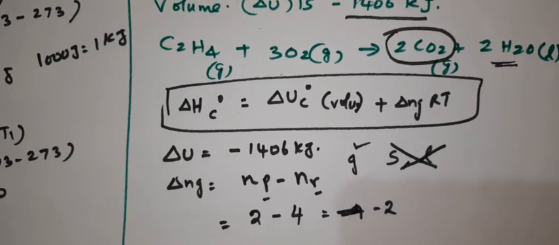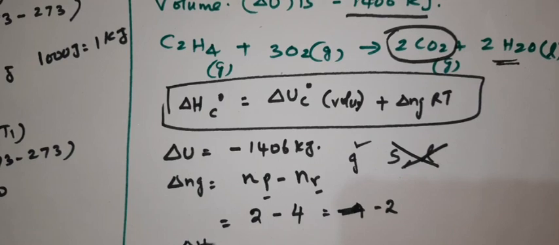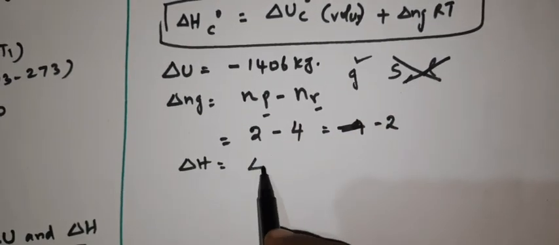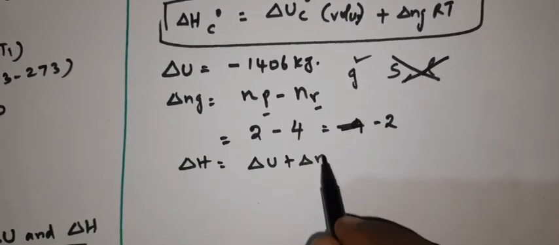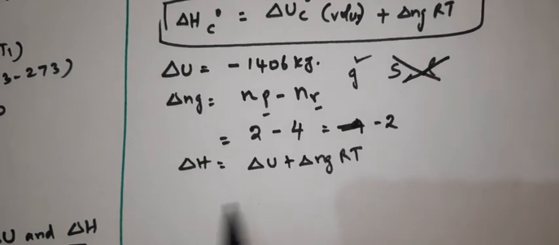Now substitute in the formula delta H equals delta U plus delta n_g RT.